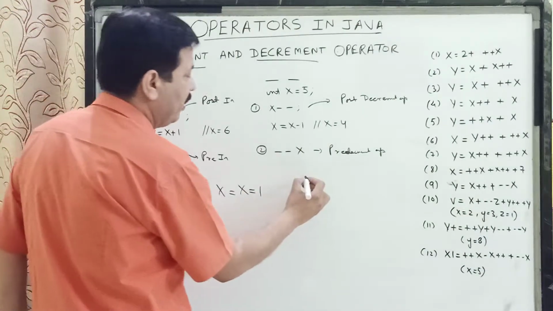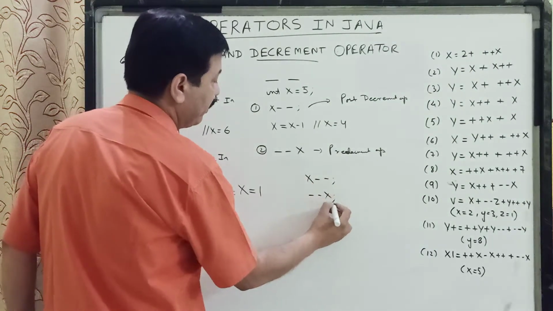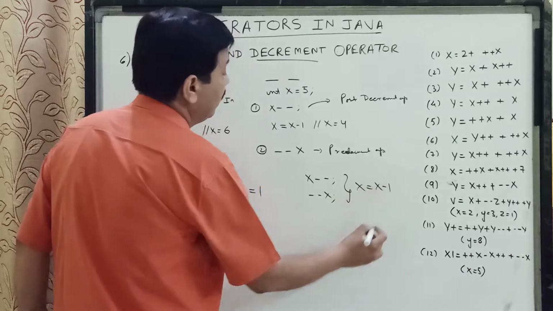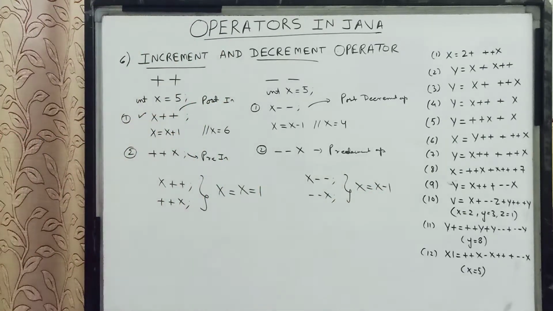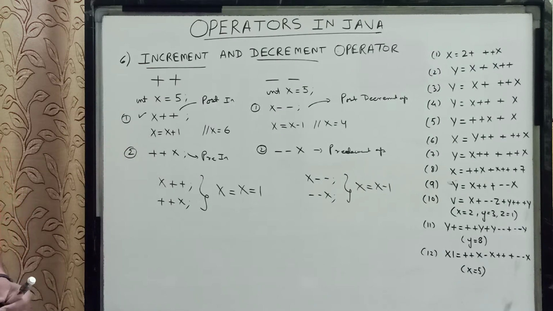In the same way children, if I write x-- or --x, then if they are used alone, they both mean that it is decreasing the value of its operand by 1. Now children, what is the basic difference between a post increment and a pre-increment, or post decrement and a pre-decrement, that we have to follow very well.